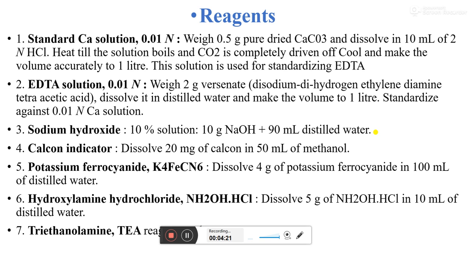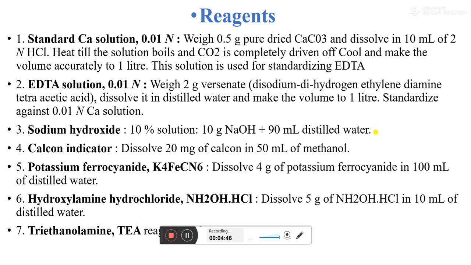Then the fourth one is chalcone indicator. Dissolve 20 milligram of chalcone in 50 ml of methanol. When preparing this chalcone indicator, remember that it should always be prepared freshly for the estimation of calcium.